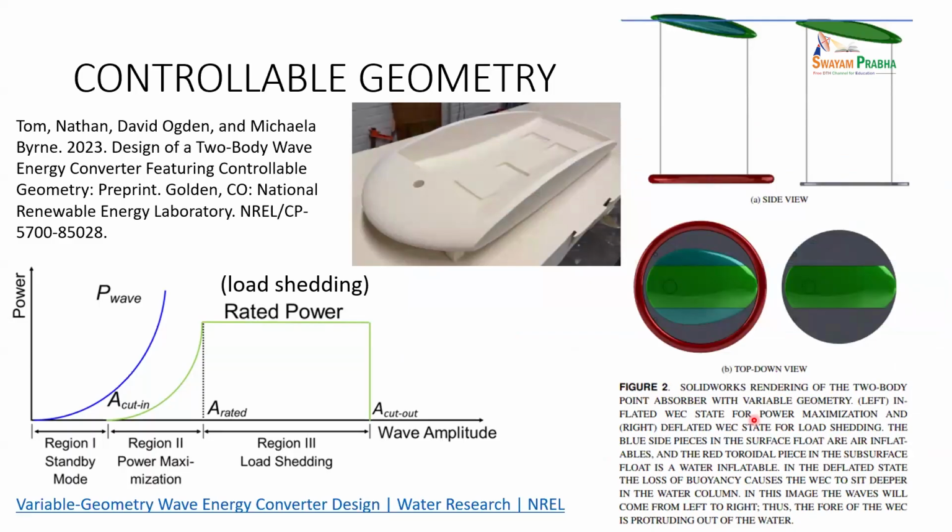Similarly, Nathan Tom also proposed this design. This is a buoy, and this is the still water line. You see this line, and if the buoy has a cross section like this, you pump air in, then it floats up, right? When you float up, here you pump water into this tube to make it heavier. So basically, for the floater, you can change the geometry, especially the water line.